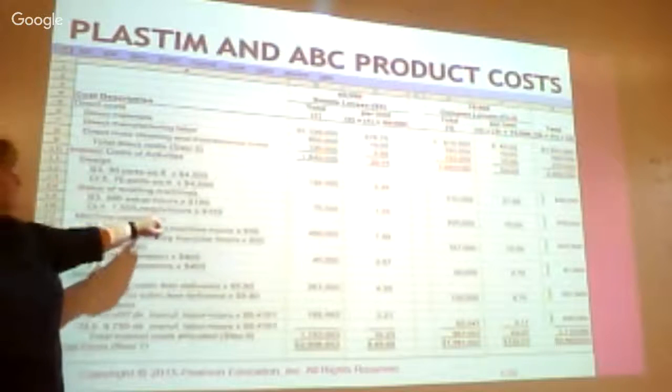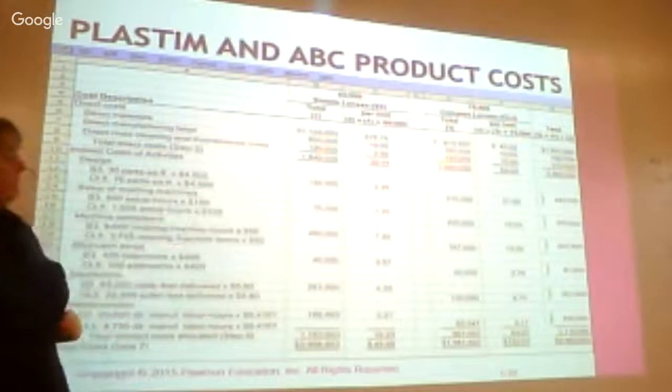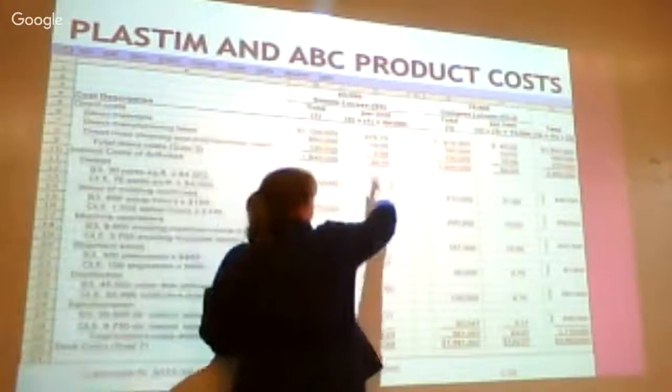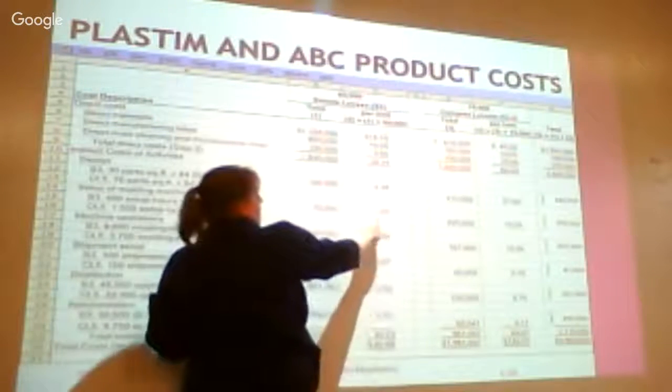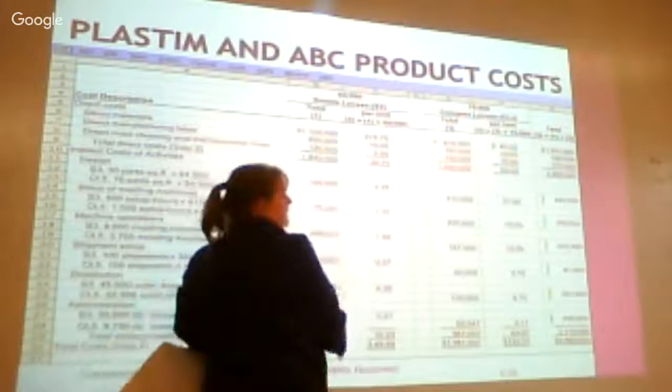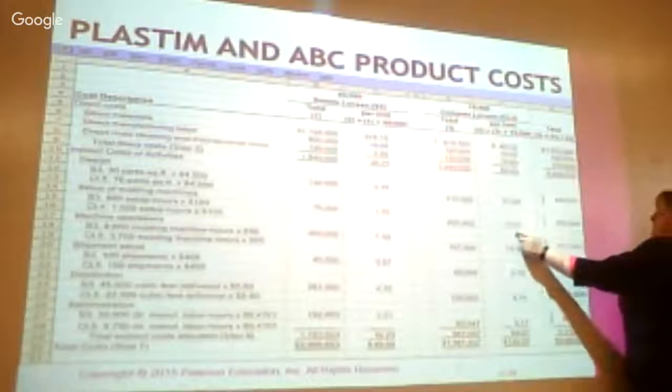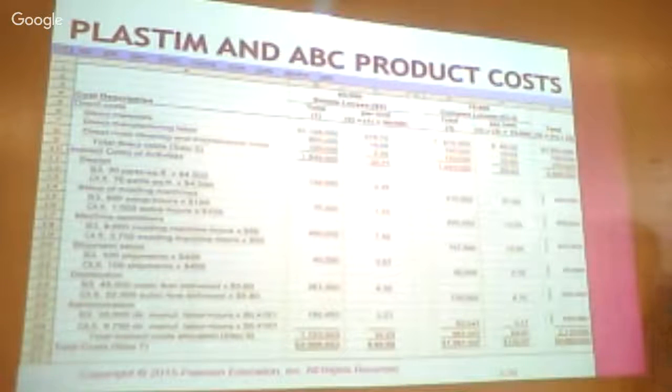Take the 1,500 times 150, I get 225,000. And then my cost per unit, I take the 75 divided by 60, and I get $1.25. I take the 225 divided by 15,000, and I get $15 per unit. Okay? So we're tying back and forth.